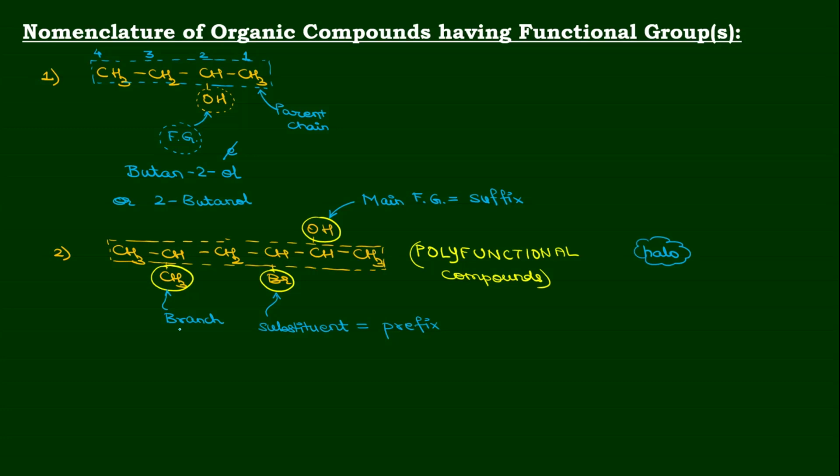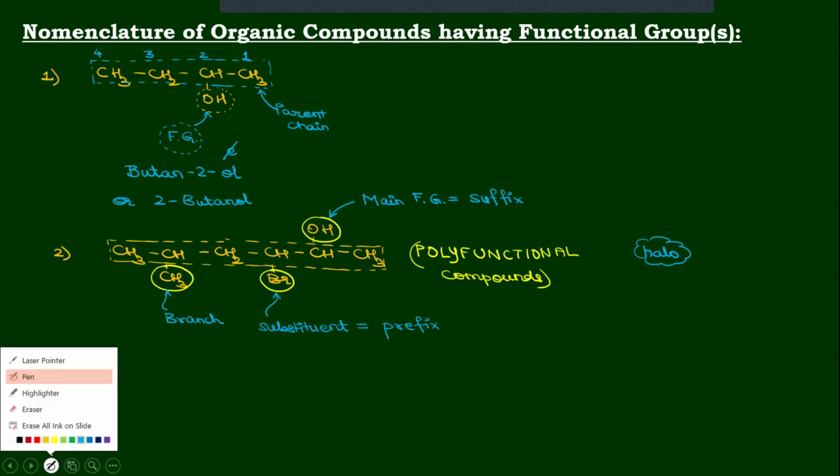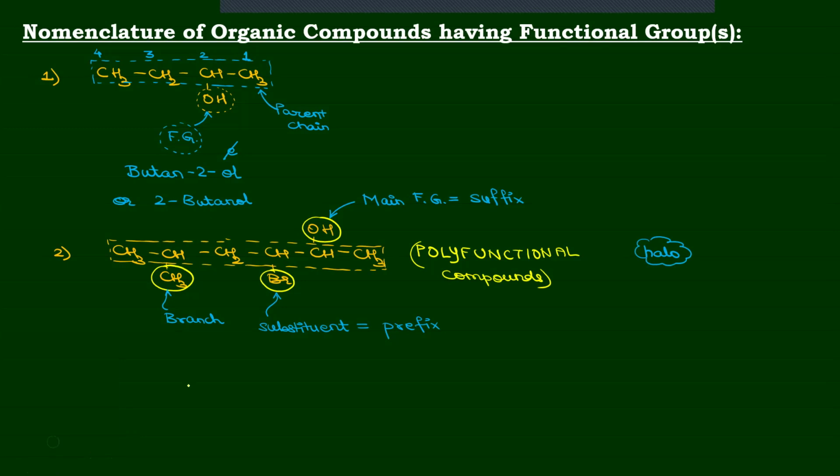Let's complete the name. For that I need to do the numbering. Where will we number from? Right to left, because the functional group OH should get the lowest number. Now there are two substituents, methyl and bromo.